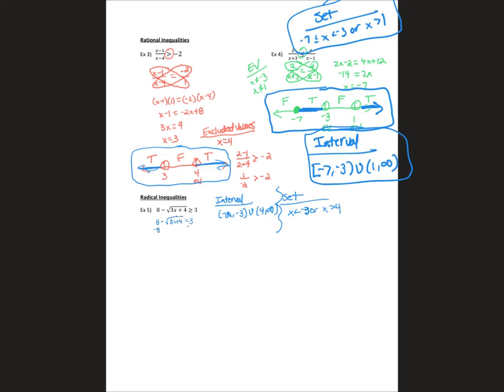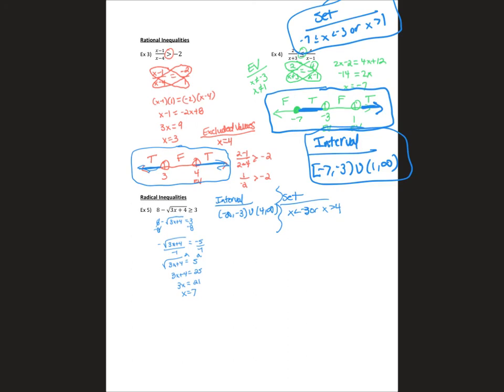I need to subtract 8 from both sides. Negative square root of 3x plus 4 equals negative 5. Get rid of the negative by dividing both sides by negative 1. 3x plus 4 equals 5. Square both sides. 3x plus 4 equals 25.